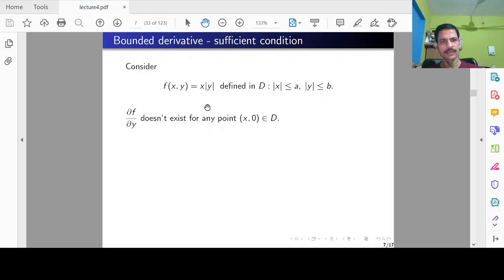Here clearly you can see that del f by del y does not exist for any point (x, 0) in the domain, because modulus of y appears, and you know this modulus of y is not differentiable at the point 0. But the function f satisfies Lipschitz condition.